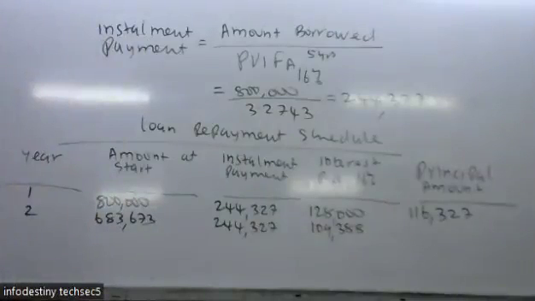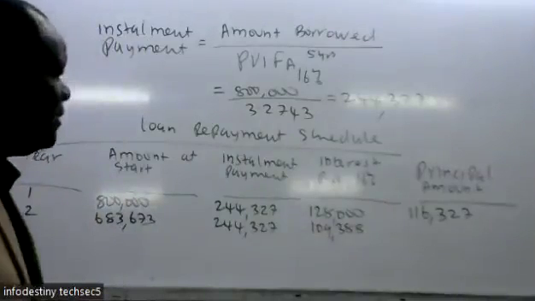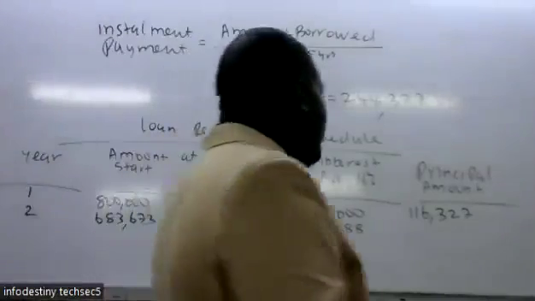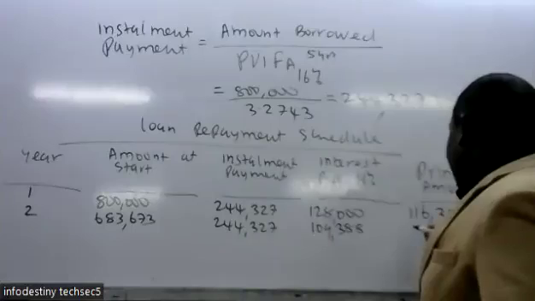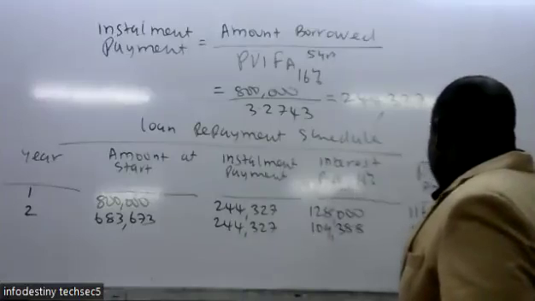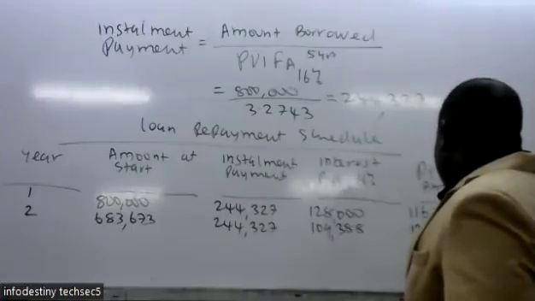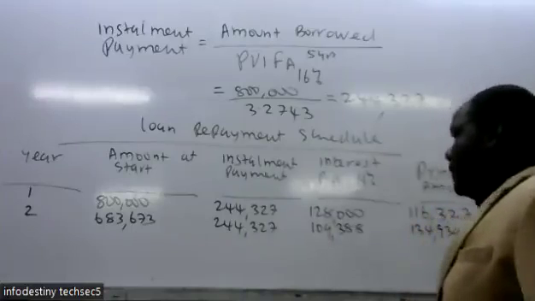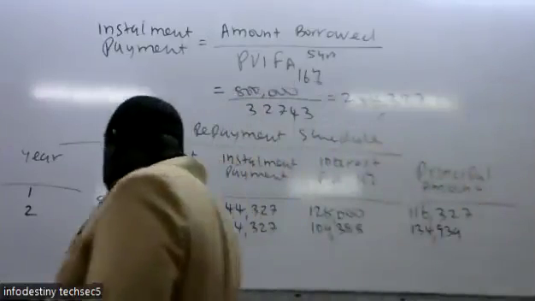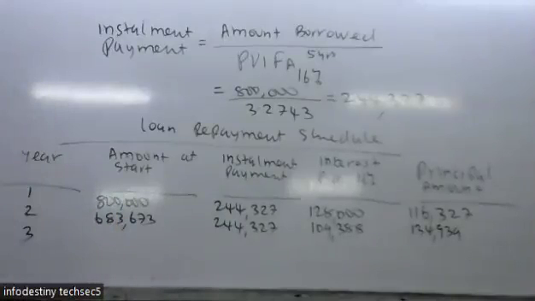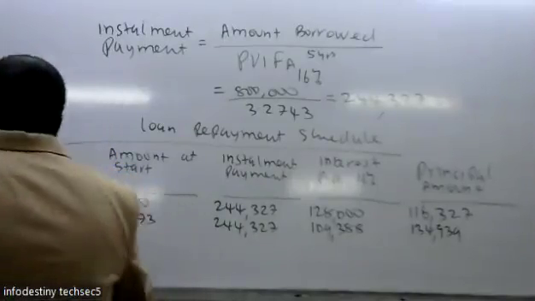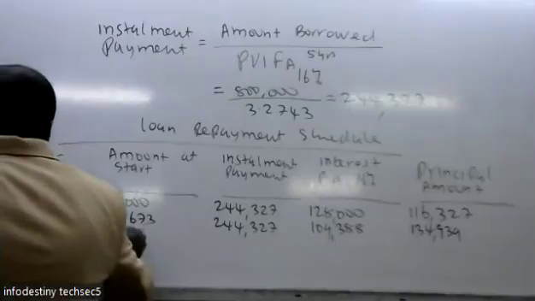Subtract that interest from the installment so that you get the principal amount, 134,939. We also go to year three. We will subtract that principal amount from the amount at the start. 548,734.